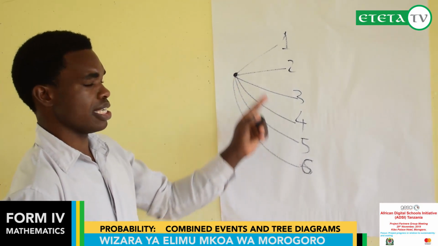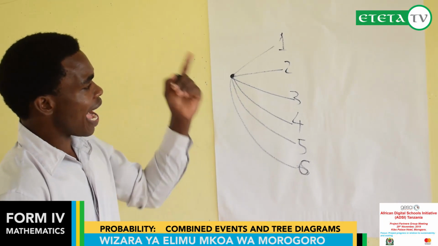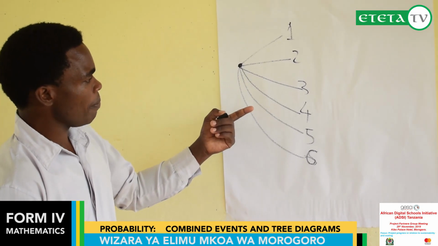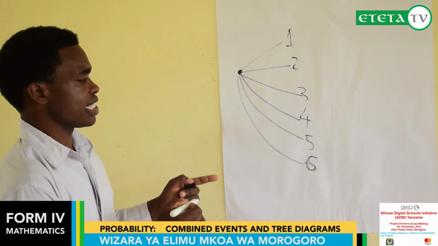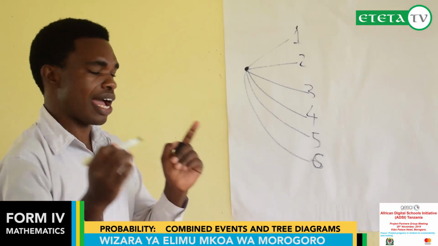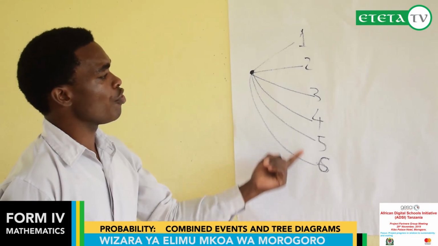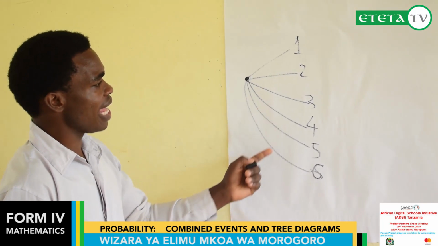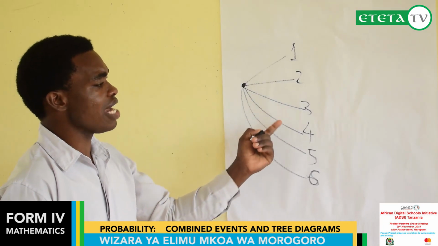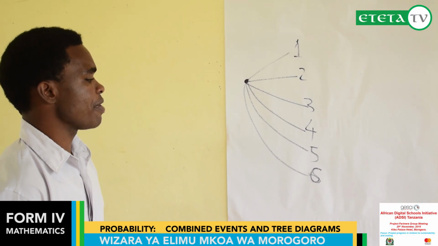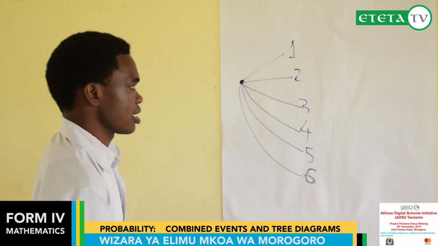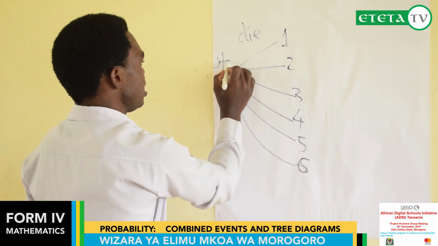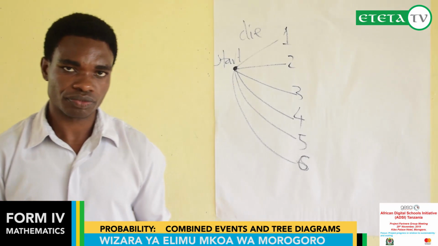Since it has 6 numbers, and according to the way we define the probability, we say it works under a fair condition, and therefore each number has an equal chance compared to the other. Therefore it can be either 1, 2, 3, 4, 5, or 6. This is a die. This is a starting point.